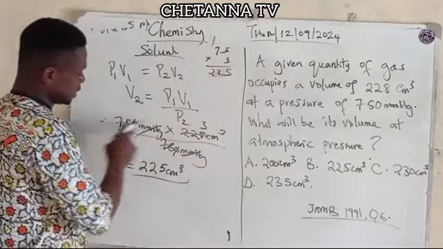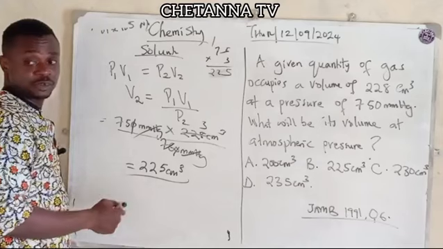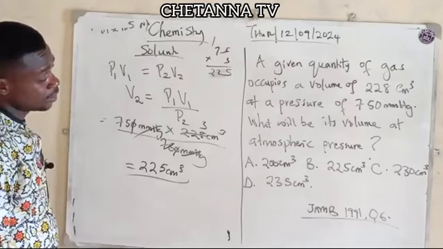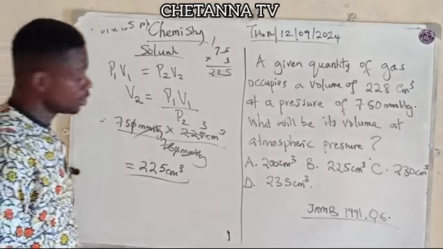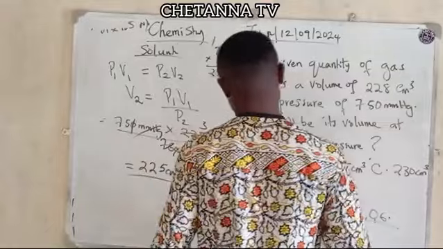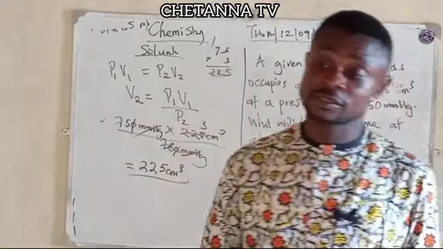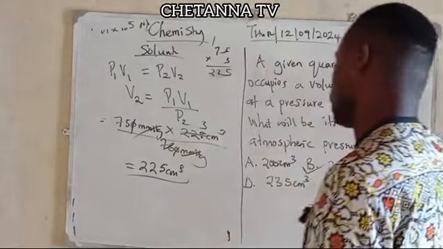So 3 times 75 is 225 cm³. Is the answer there? So the answer is option B. Is it clear? Is it confusing? Good.